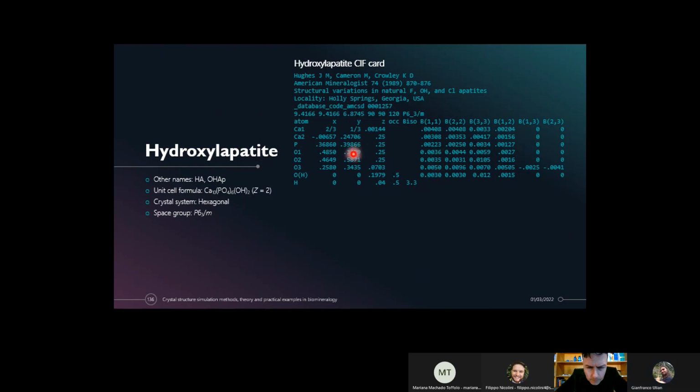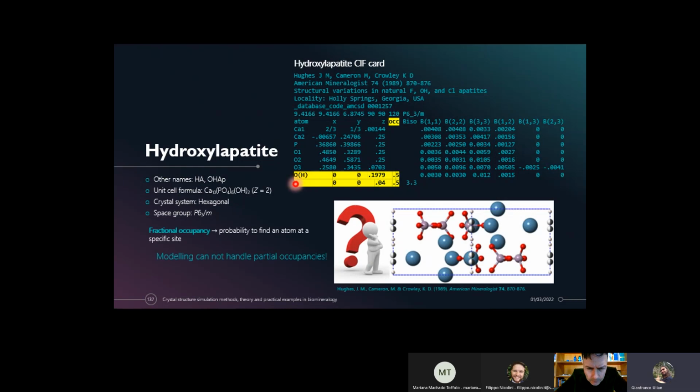It is interesting to note that the OH group here, as experimentally determined, has a strange column, OCC. It stands for occupation, and you can see that within this space group they occupy half of the sites.